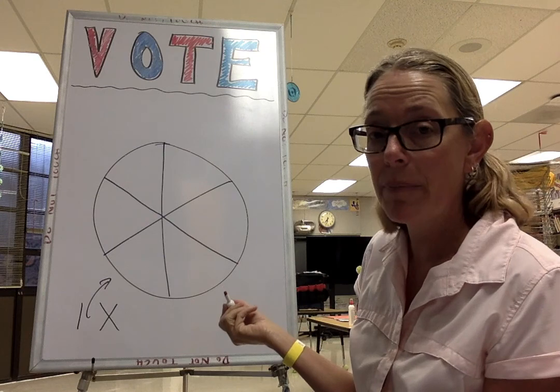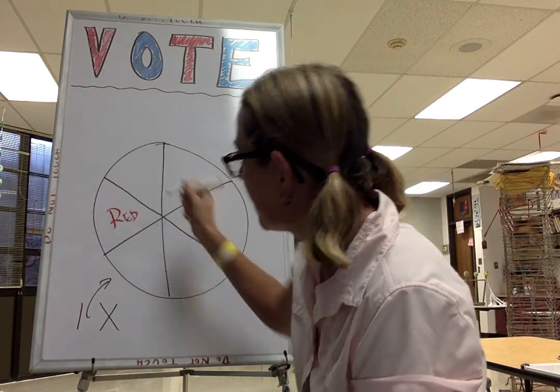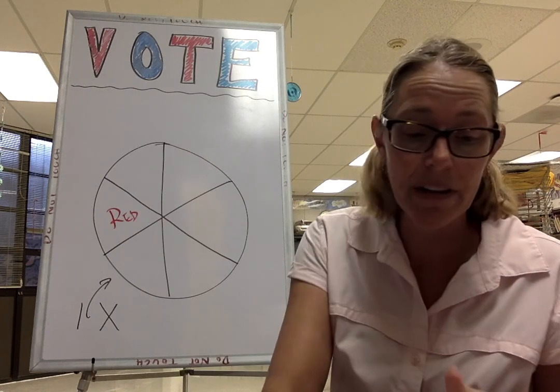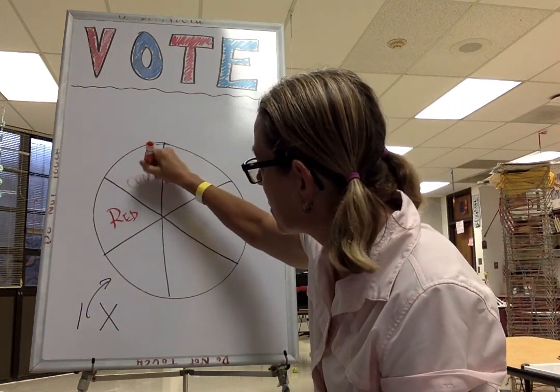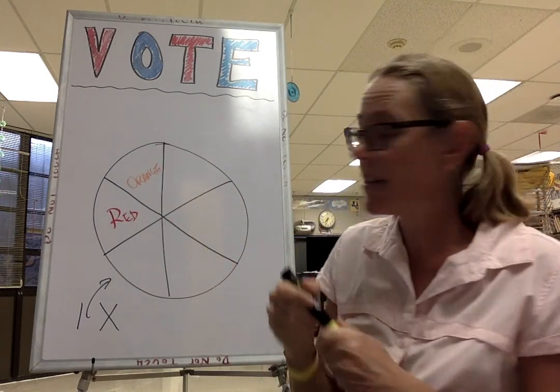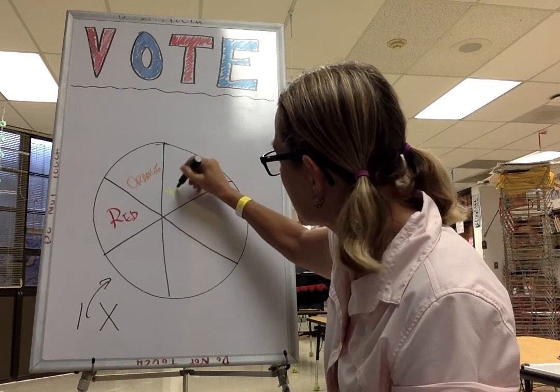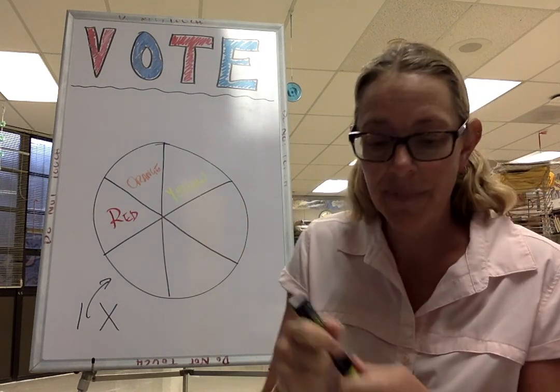So one of your pie pieces or pizza pieces is going to be red, and you're actually going to color it. Don't just write the word. The one next to it is going to be orange, okay? The one next to that is going to be yellow. Hopefully you can see that yellow marker. Yeah, kind of.